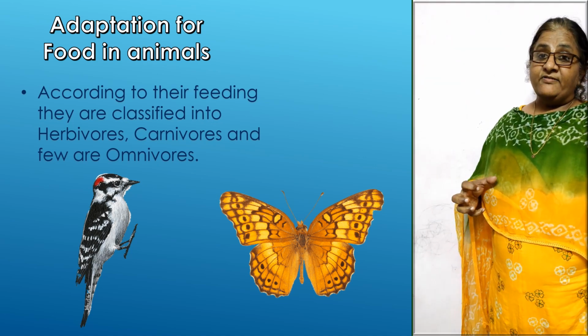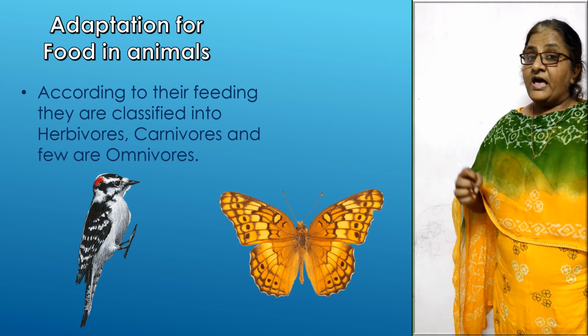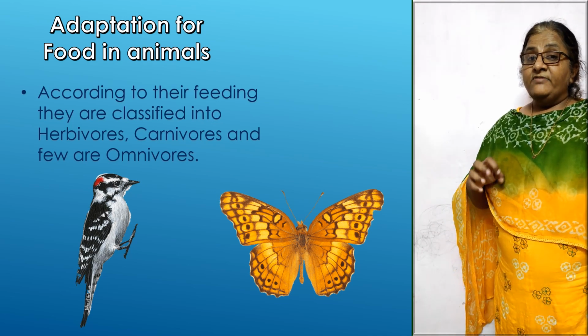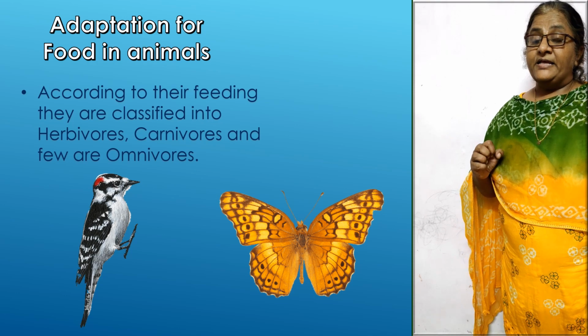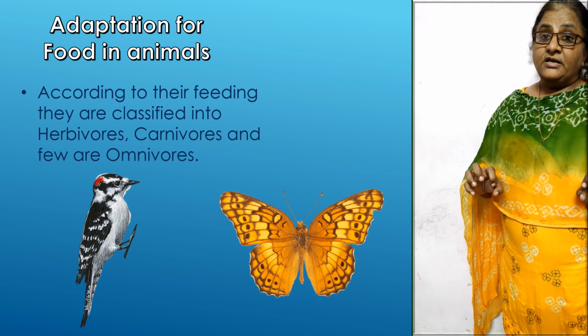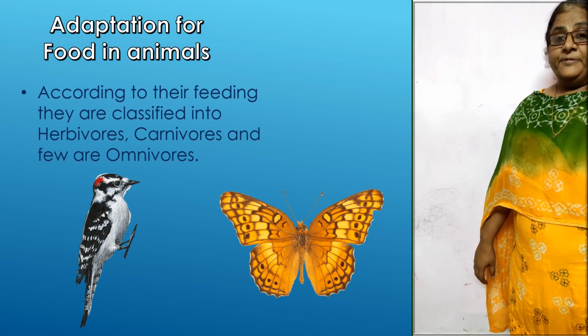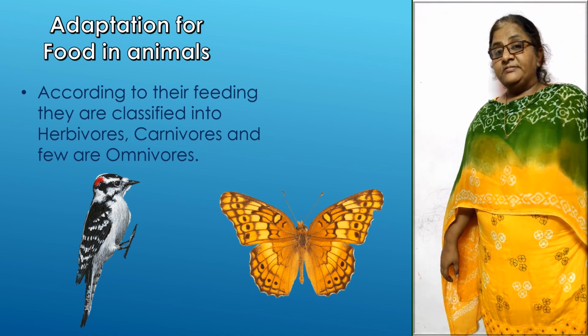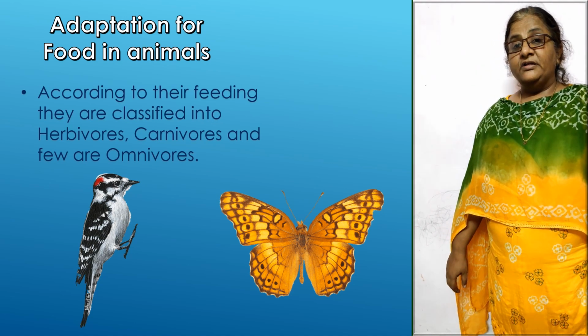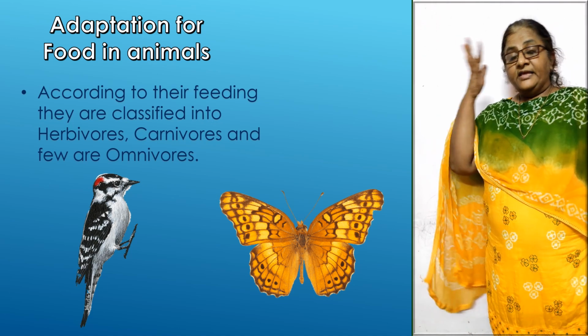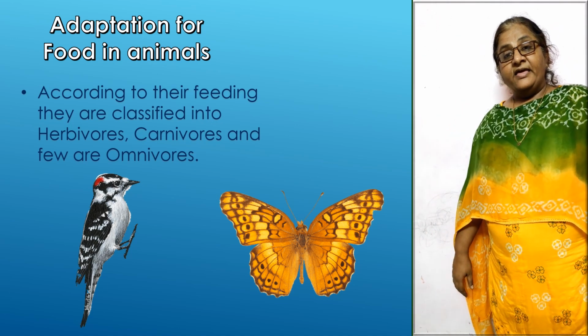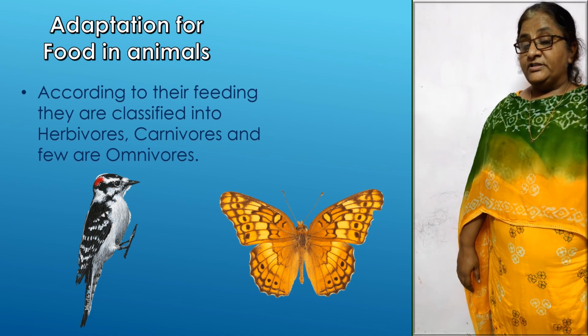For example, carnivores have sharp canines which help them to tear their prey. They have sharp claws, which also help to tear the prey. Such adaptations help the animals to survive on the earth. Insects like the butterfly have a long proboscis to suck the nectar.